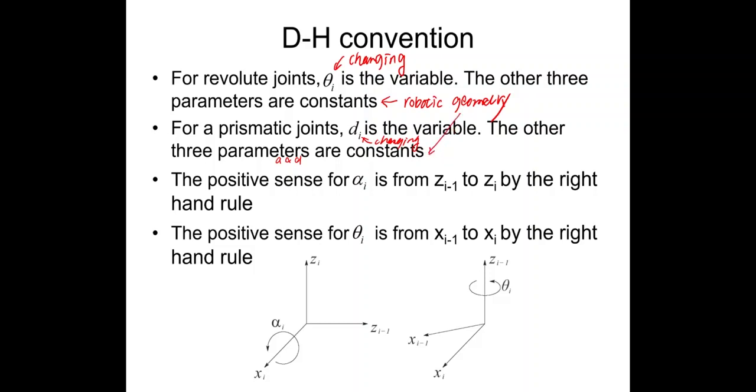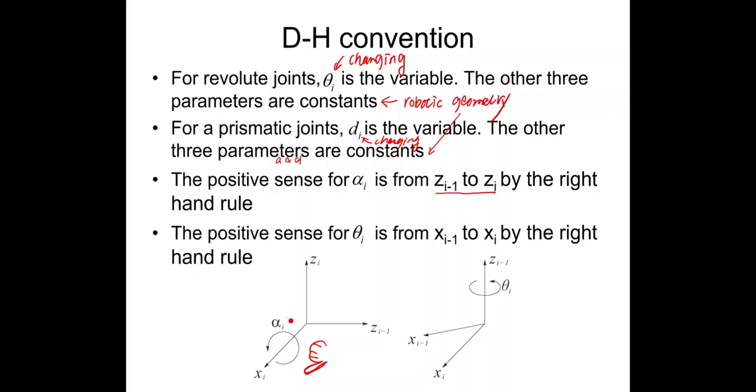Okay, the positive sign for alpha is from Z_i minus 1 rotating to Z_i by the right-hand rule. This is our right hand, this is our thumb, and this is the rotating direction, and the thumb is pointing to the rotating axis.